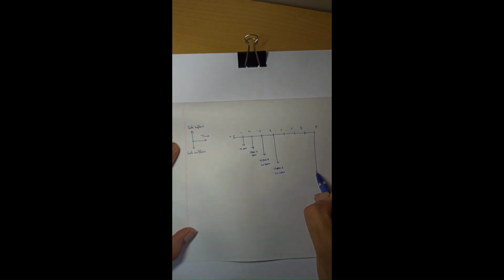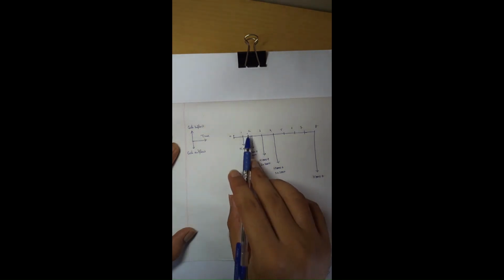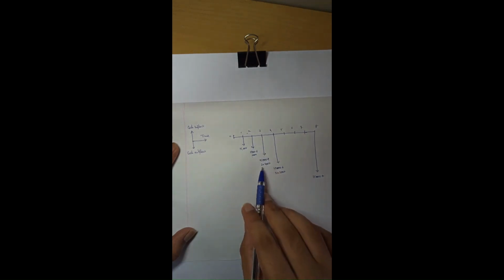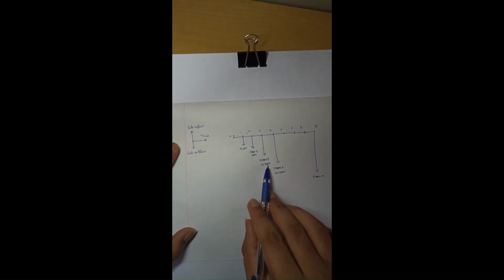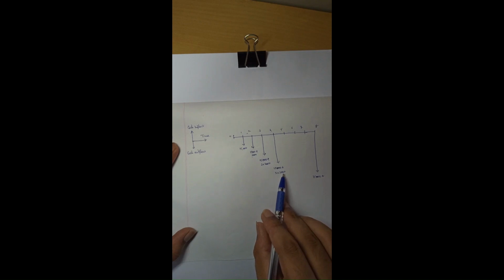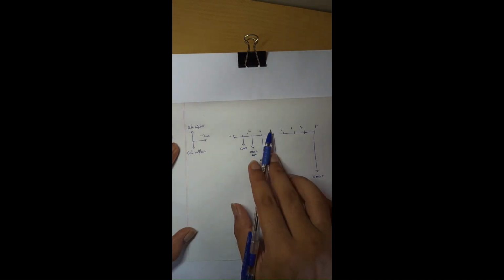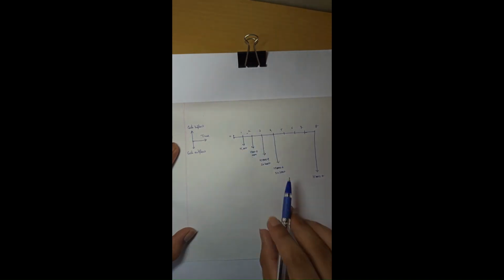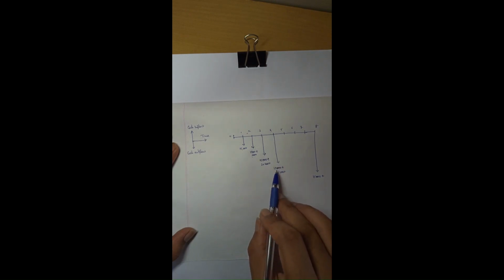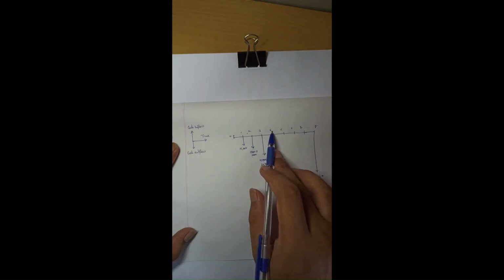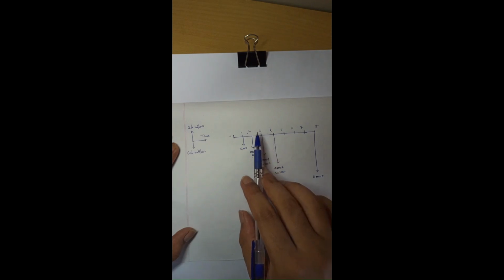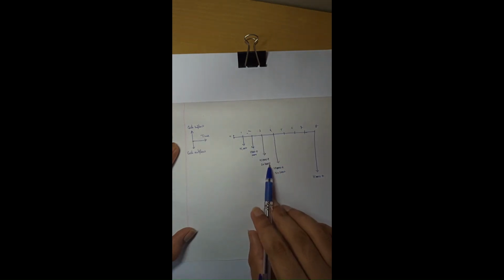For the 8th year it will be 15,000 plus, you can see here, for second year it is just 2000, third year it is 2 times of 2000, fourth year it is 3 times the 2000. So for each year whatever you consider, the increment will be 1 less than that particular year. So you can see here, for second year it is just 2000, third year it is 2 times the 2000, that is 1 less than the year.